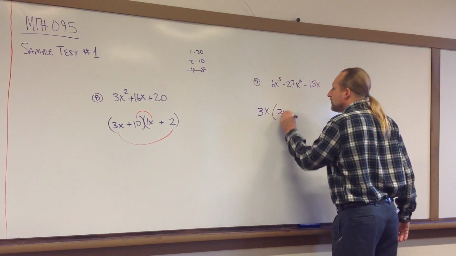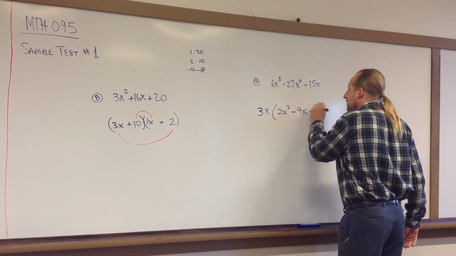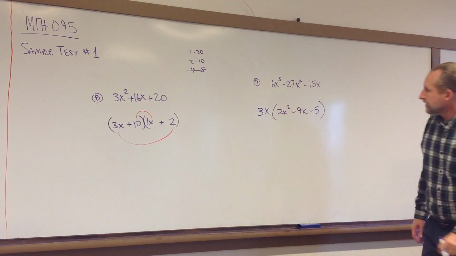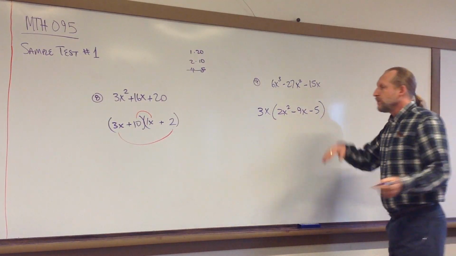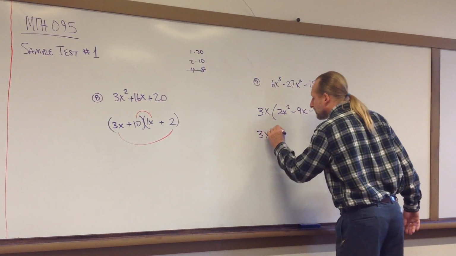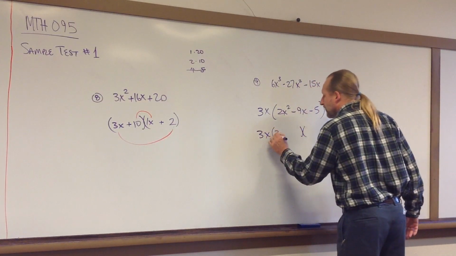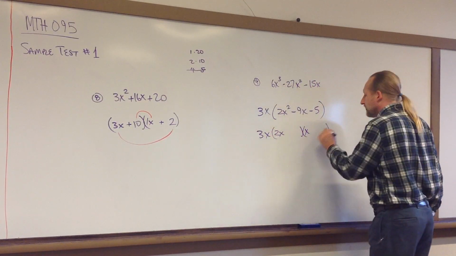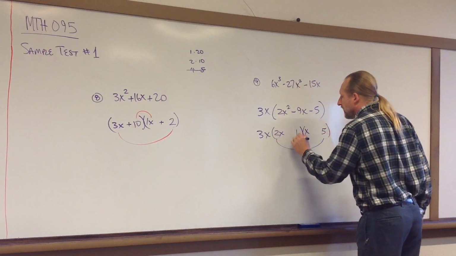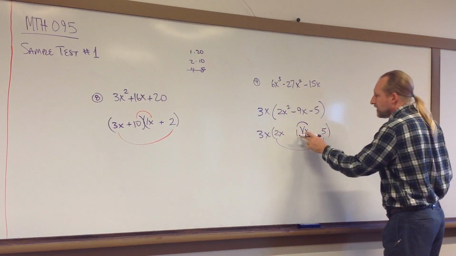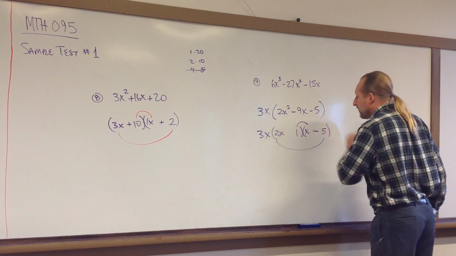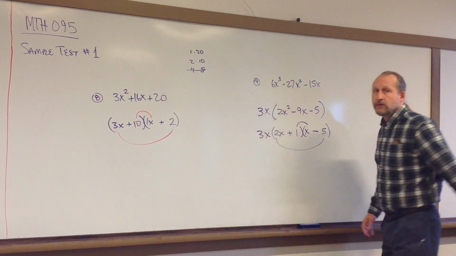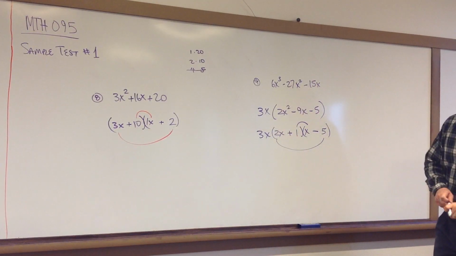That'll leave us with 2x squared minus 9x minus 5. And now we want to factor this. This is a straightforward trinomial. Let's see, if I put the 5 here and the 1 there, there's 10 minus 1 will give us the 9, and we need the 10 negative and the 1 positive. So there's problem 9.